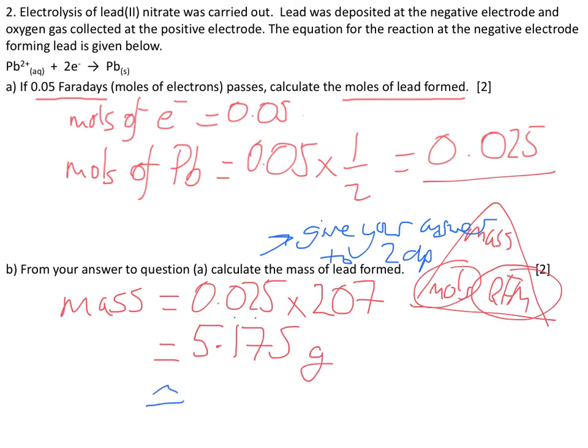So I would normally give more decimal places originally, and then I'd say this rounds to 5.18 grams. Quite often I'd show the examiner that I'd actually considered their request, so doing it to 2 decimal places.